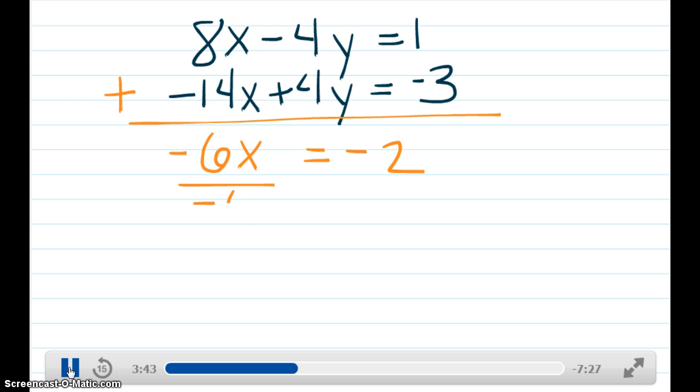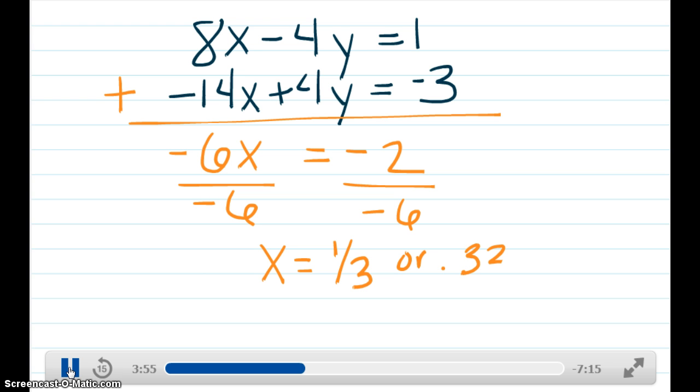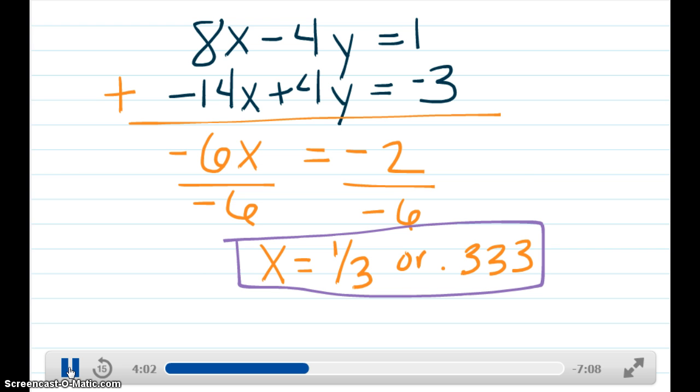So when I divide by negative 6, x equals 1/3, or 0.333. Either one works.